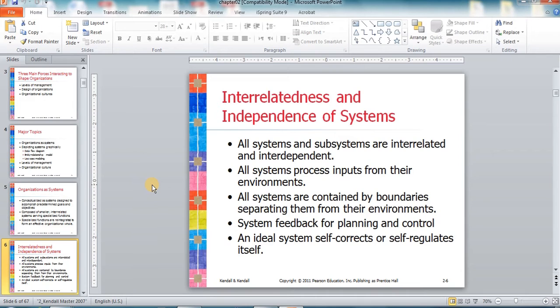Any system can be depicted by inputs, processes or operations, and outputs. Now, any system should have certain boundaries that separate the system from its environment. We will see in the next slides an example of a system and its boundaries.